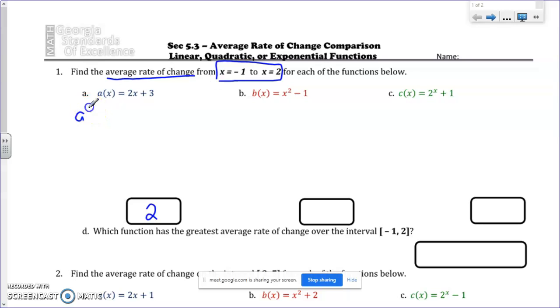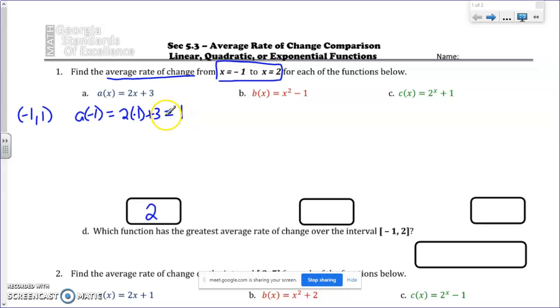If I'm evaluating when x is -1, I get 2 times -1 plus 3. So that's -2 plus 3, which is 1. So that ordered pair is (-1, 1), because x was -1 and I solved for y.